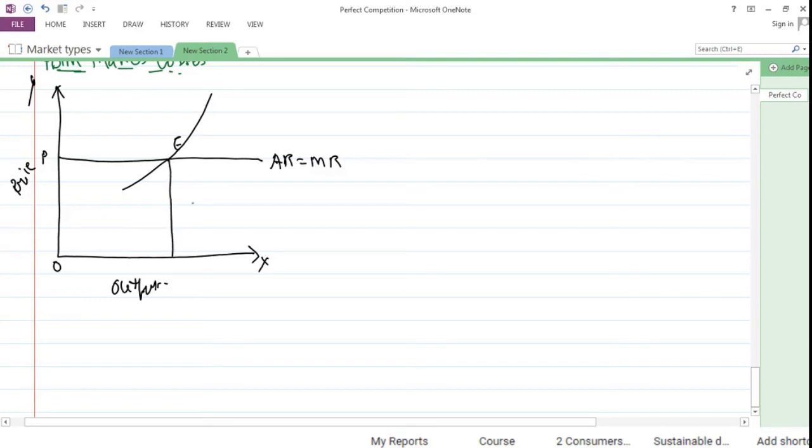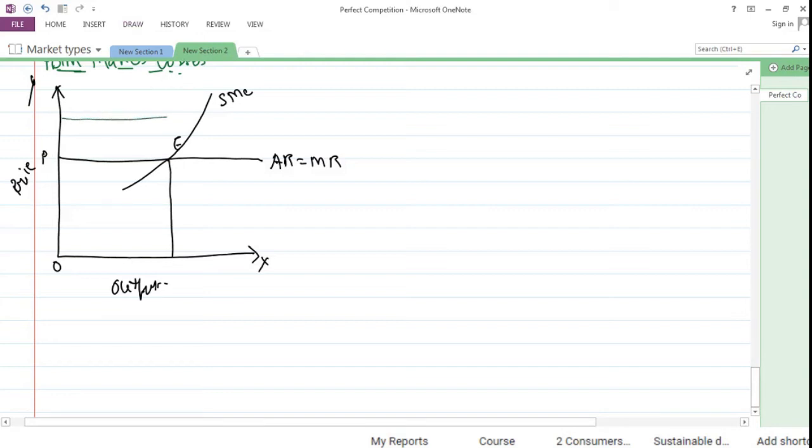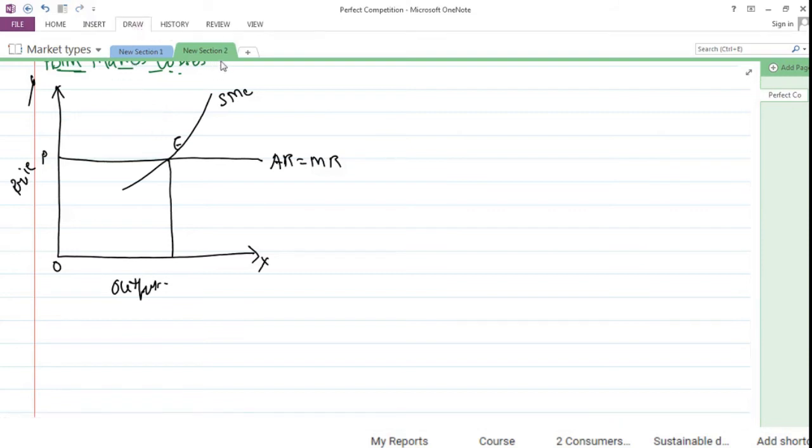The short run marginal cost curve is this. Now at this stage we would be using another color. So here, if the cost of the firm is above this level, in order to manufacture something, the firm incurs a higher amount of expenses than it is able to recover.